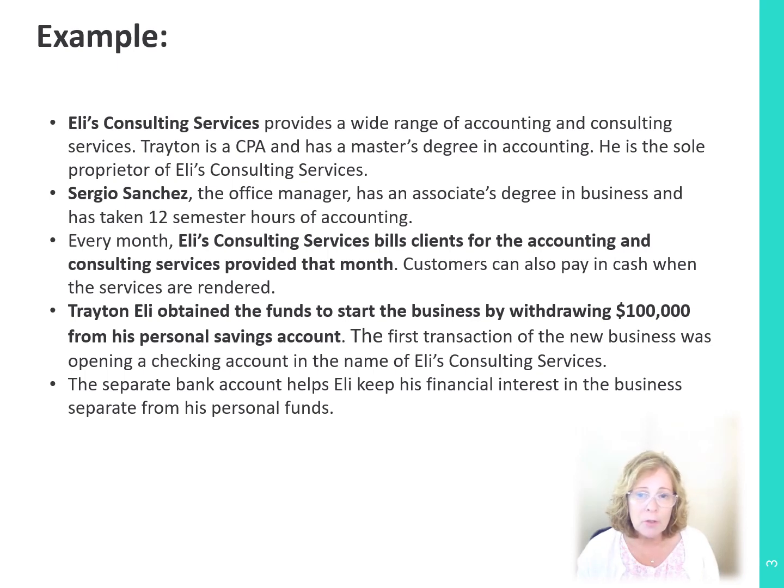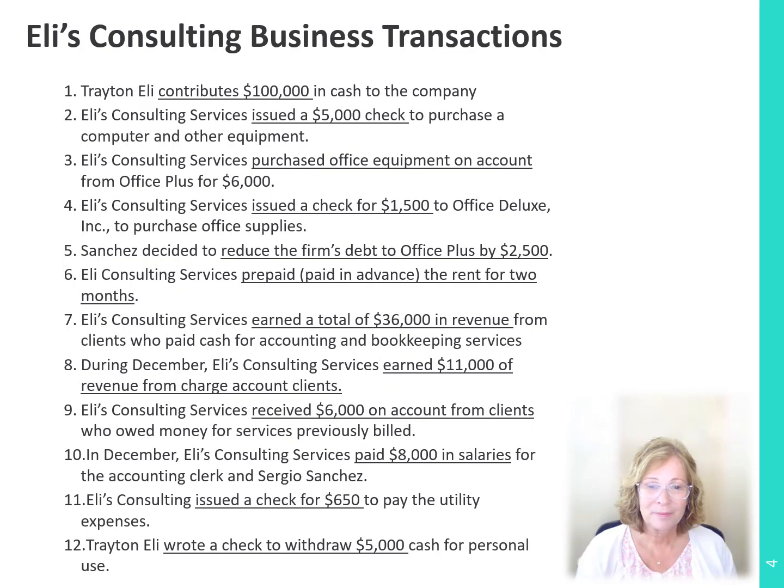The $100,000 transaction is the very first business transaction, and we need to figure out what to do with it and identify how it affects the equation property equals financial interest. Aside from the $100,000 business transaction, there are other business transactions for Eli's Consulting, and in all we have 12 transactions to analyze.